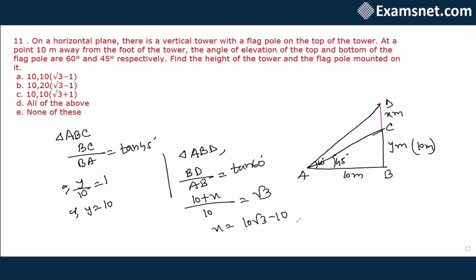So we can write 10 after taking common, 10 into root 3 minus 1. So here's the value for x, that is 10 multiplied by root 3 minus 1 meter. So we got the height of the tower 10 meter and the height of the flagpole 10 multiplied by root 3 minus 1 meter. Here option A is the correct answer.